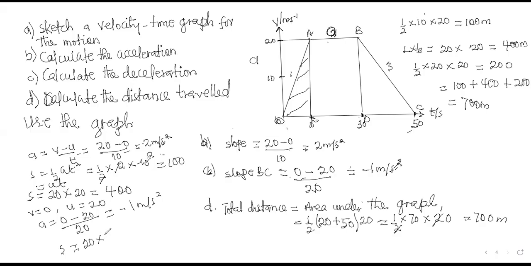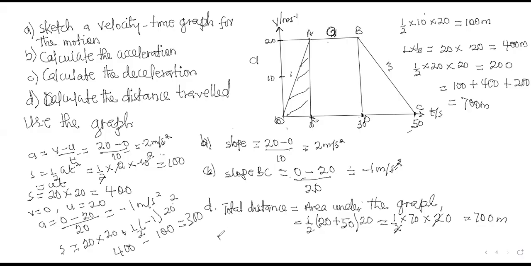What is T? T is 20 minus or plus half. A is -1, then 20 squared, T squared. That's 400 minus 100, and that's equal to 300.